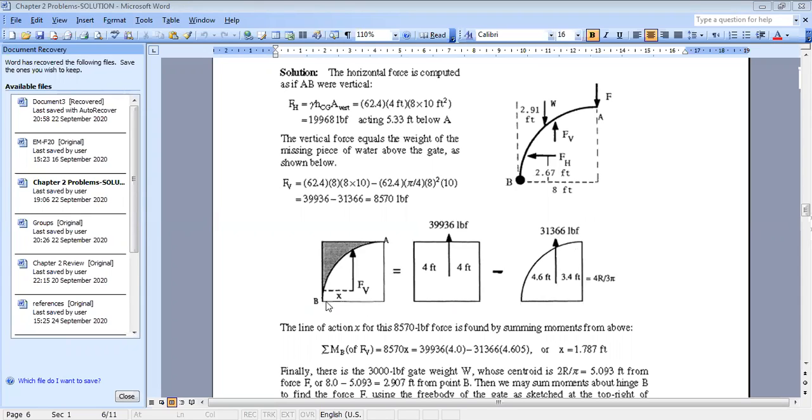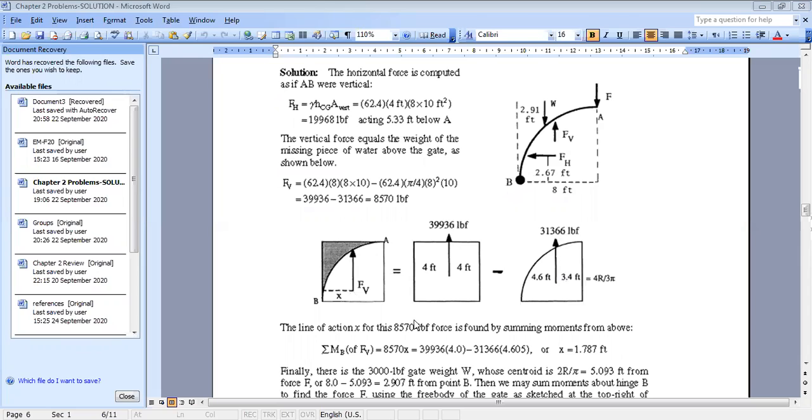Okay, so this is what they did, and it will be equivalent to the equation we have written together. Because look, here, the sum of moments about B of the resultant force should be equal to the sum of moments about B of the total weight minus the moment of the weight of part 2.